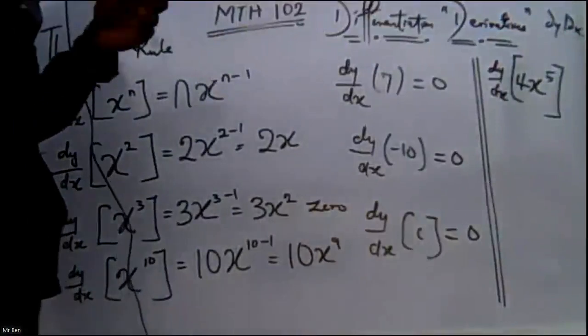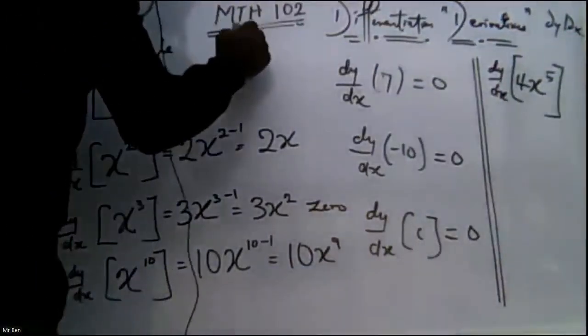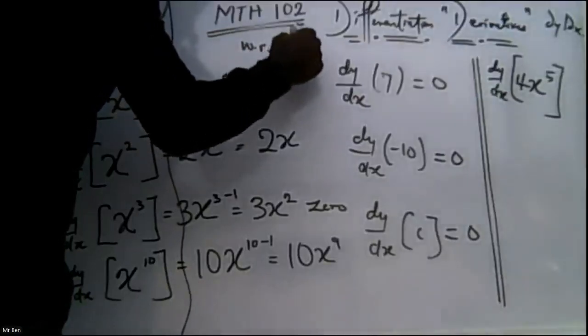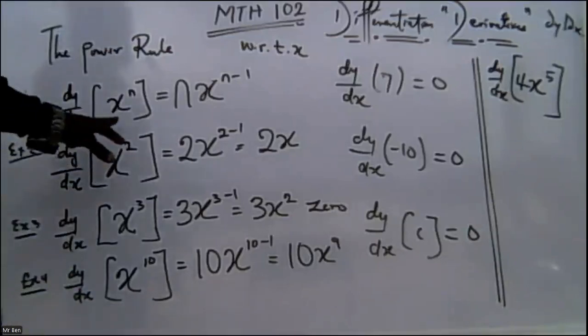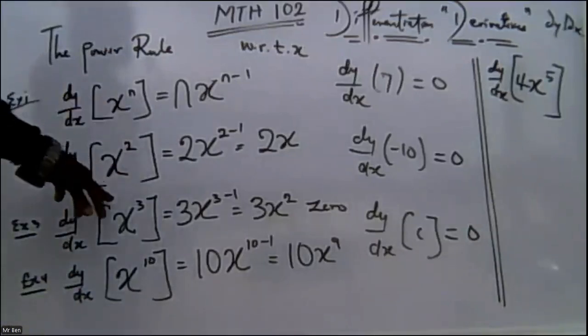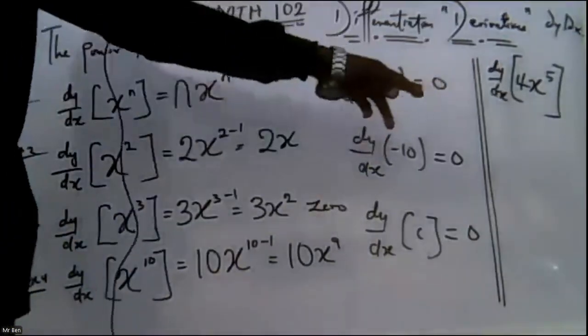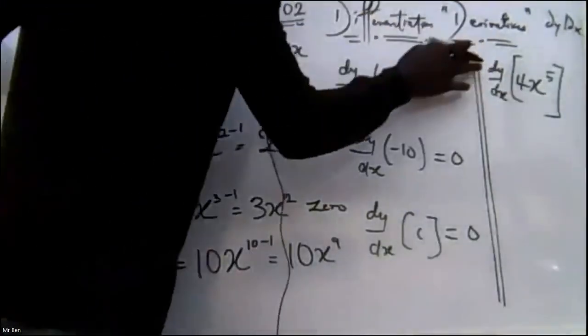All we are doing is differentiating with respect to x. Now, we have been differentiating functions or variables without coefficients. If you check this example 5 now, it has a coefficient, and the coefficient is 4.